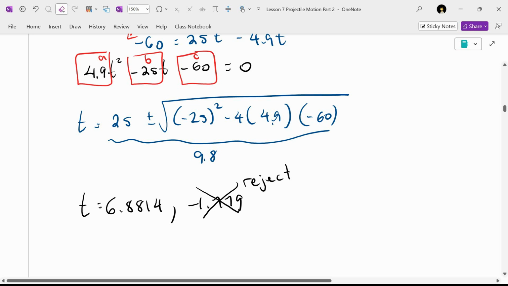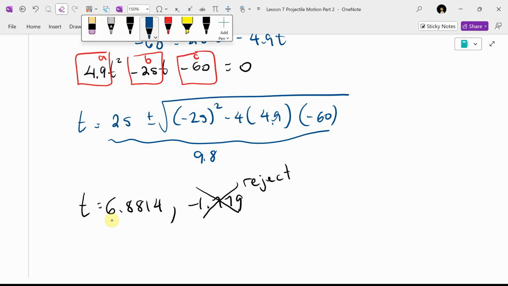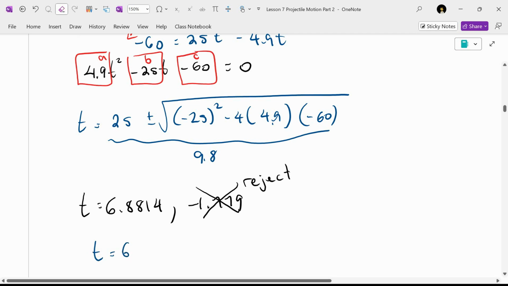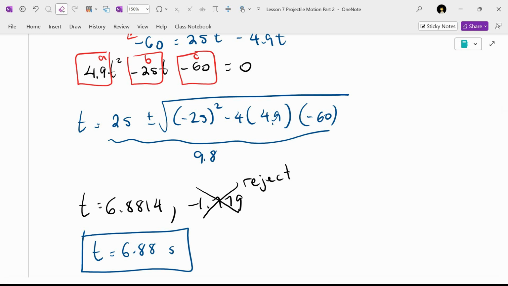Reject, like Keaton trying to dunk, reject. Right. Now, they wanted me to find time. Now, Bishop, I'll report my final answer to my usual 3 sig figs, and I'll include my units, and I'll even draw a box around it. Hey, there's the answer, time. Who all has the quadratic solver in this class?